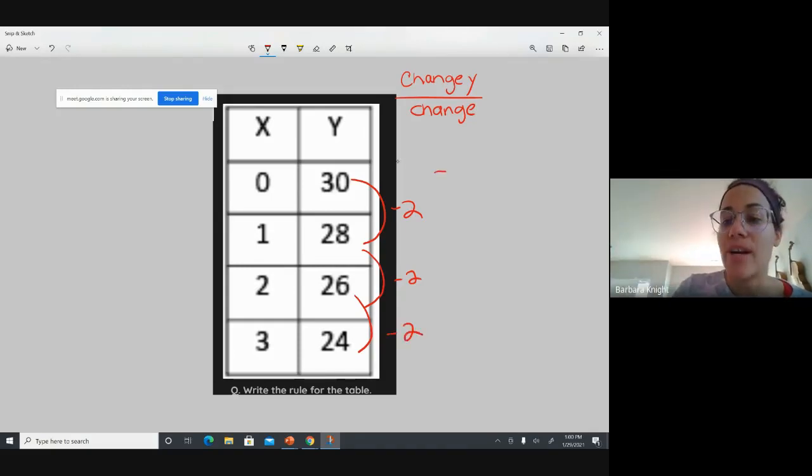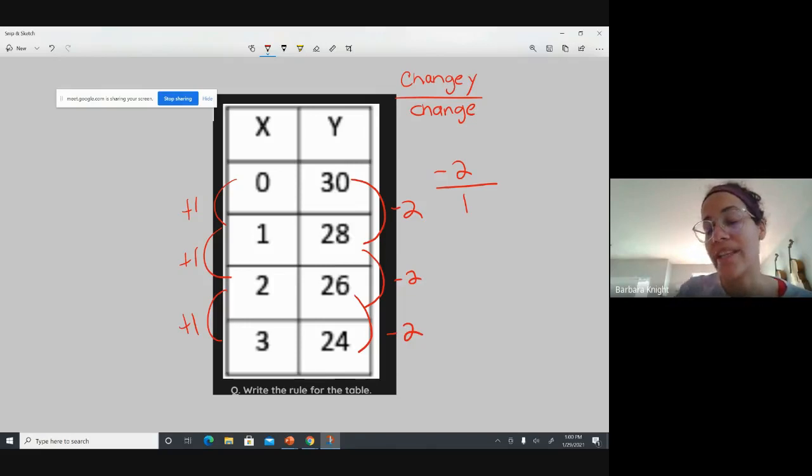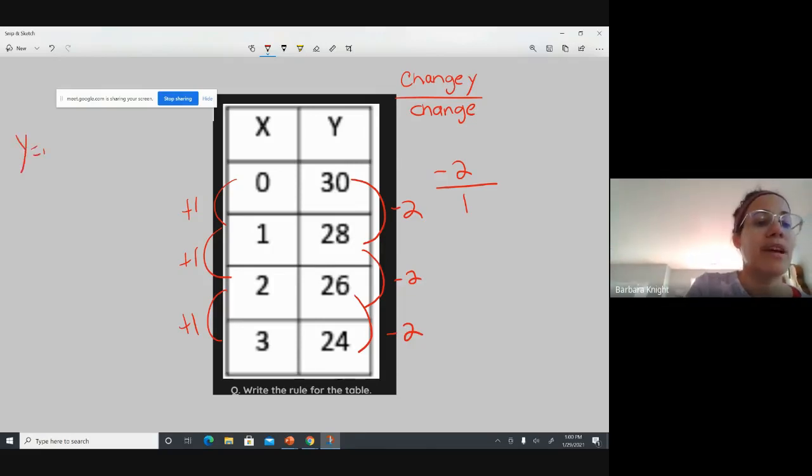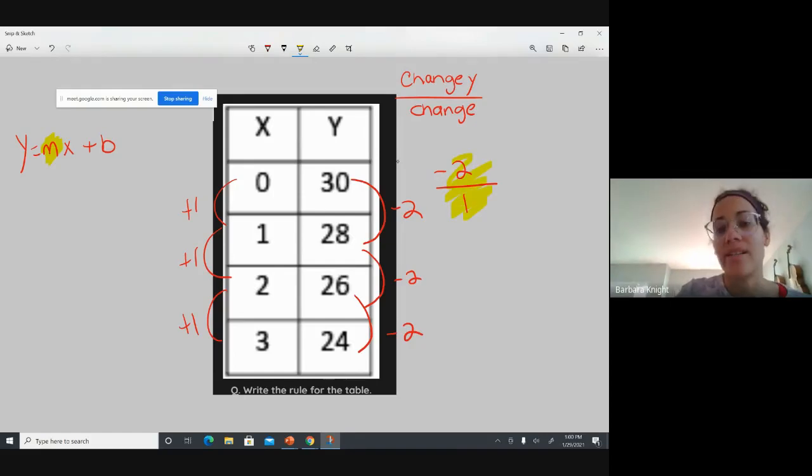So your change in y is negative 2. For x, you added 1 to go from 2 to 3. So it's negative 2 over 1. That's going to be your m. So when we look at y equals mx plus b, your m is negative 2 over 1, or negative 2. So that's why you have to write y equals negative 2x.